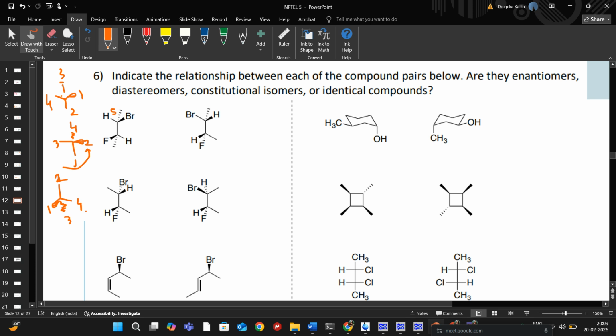So again we will have to exchange because the fourth group is on the plane. Thus, here it will be 4, here 3, here 2, and here 1. Hence, if we move from 1 to 2 to 3, it will again be S. Hence, both the centers present in the first molecule have S absolute configuration.